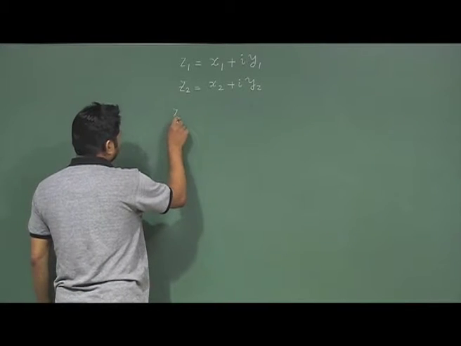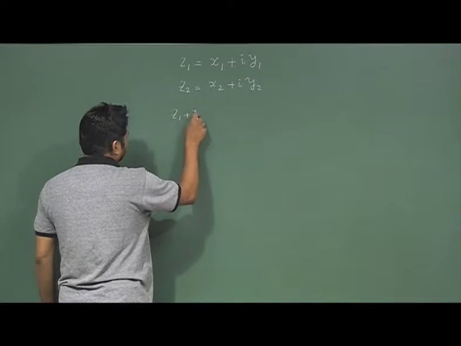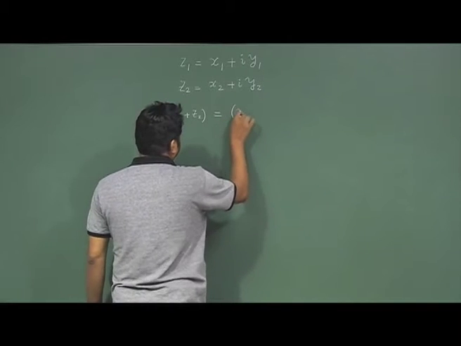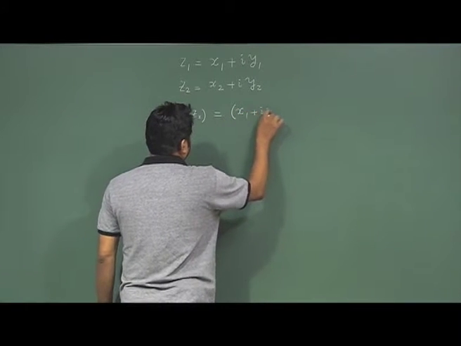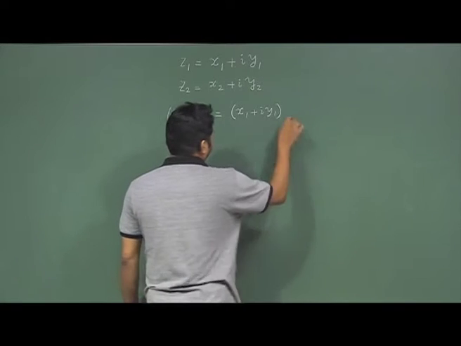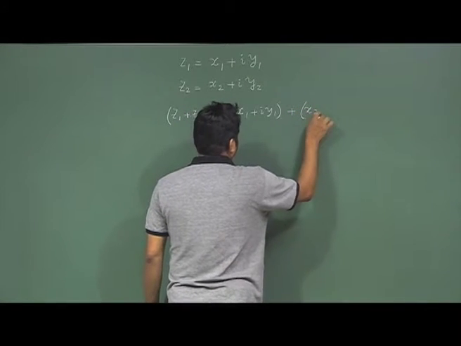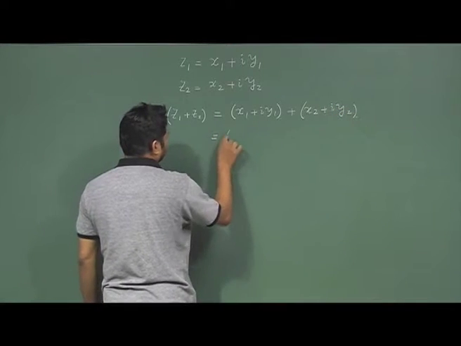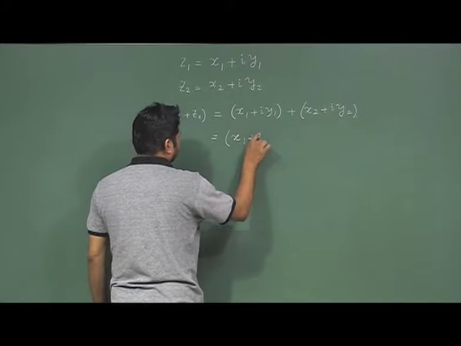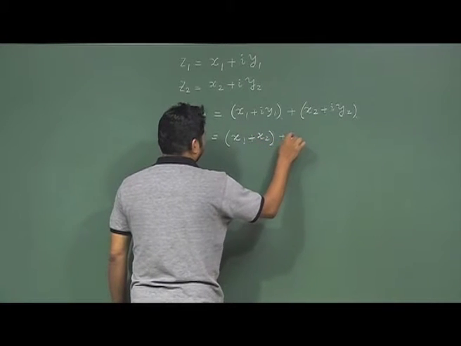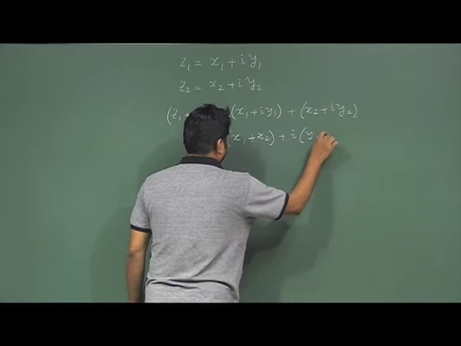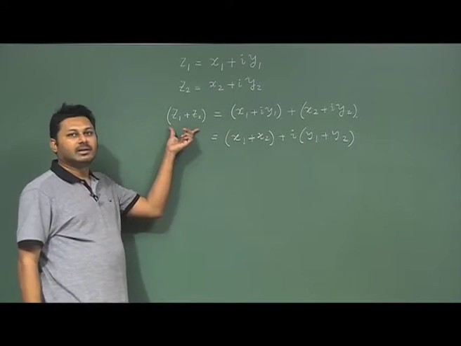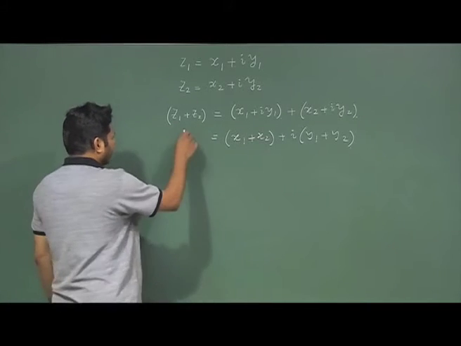If I write z1 plus z2, eventually I am doing x1 plus i y1 plus x2 plus i y2, which is x1 plus x2 plus i of y1 plus y2. This is z1 plus z2.